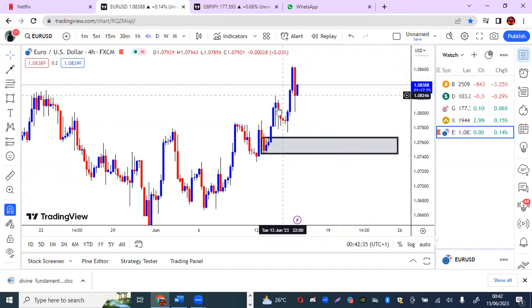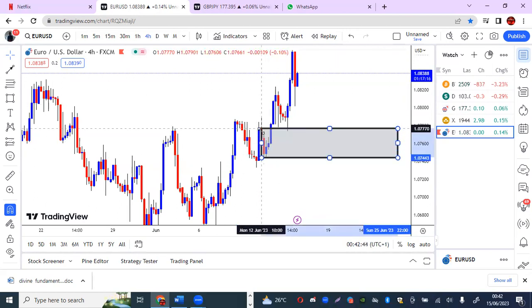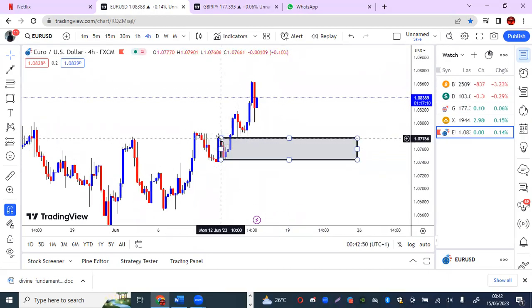Because of this, we have a strong departure candle, so we can actually mark this. Now, I have to mark this. Why? Because this is also part of it. This is also my base. Okay, this is a base for a demand. All right, now because price is moving, I'm looking at this as a continuation pattern.